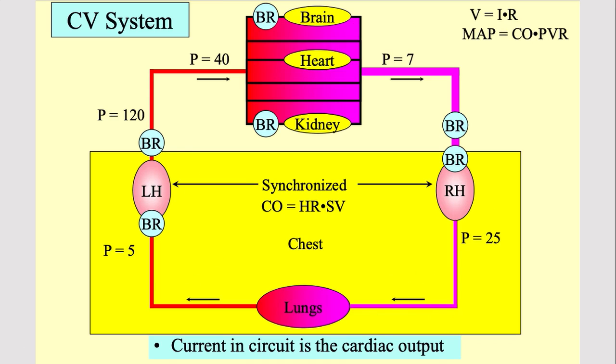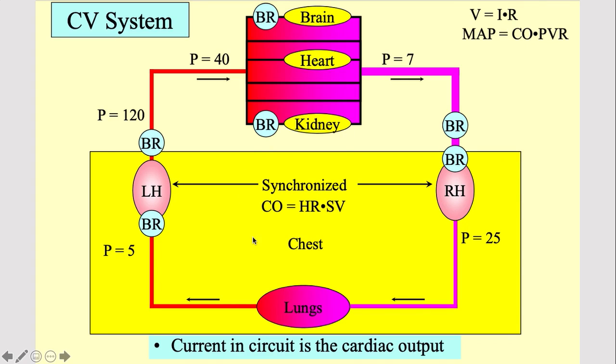Let's say the heart rate is 100 beats per minute. If the right heart is pumping 1 milliliter more per beat, in 1 minute you will have collected 100 extra milliliters of fluid in the lungs, in the chest, because the left heart isn't pumping that extra milliliter that the right heart is.